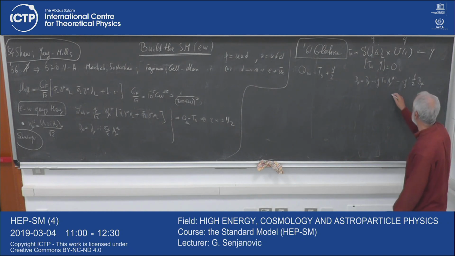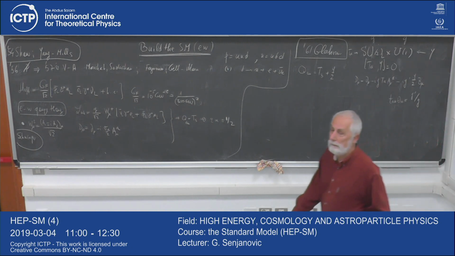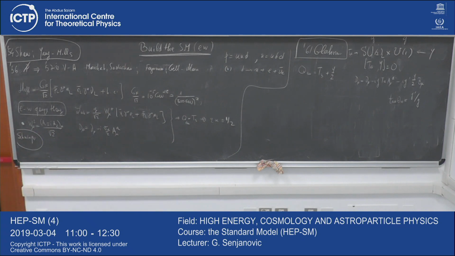There are two charges, so we don't have the same strength, we don't really unify. There is a mixing angle, which we call the weak mixing angle, which is defined, just a definition. I have a free parameter.